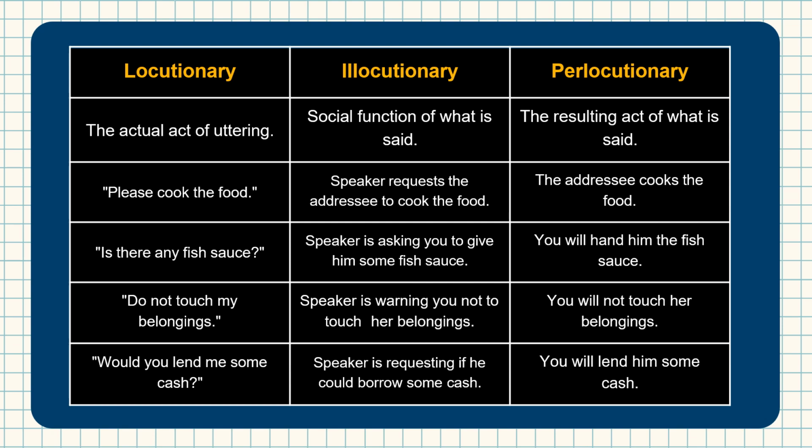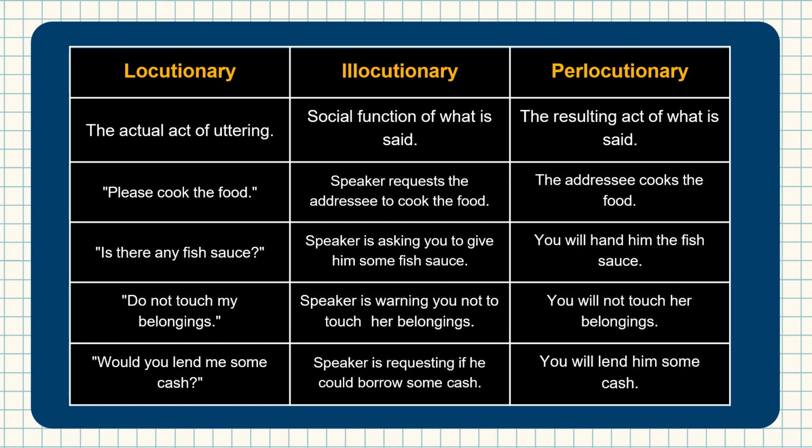That is his or her intention, to give you a warning, to remind you that you are not allowed to touch her belongings. And of course, the impact of that statement is that you will not touch her belongings. That's the initial impact or the resulting act.